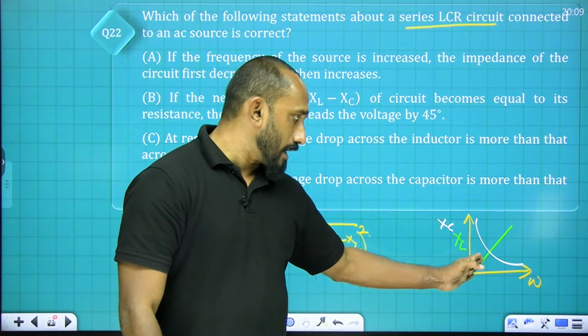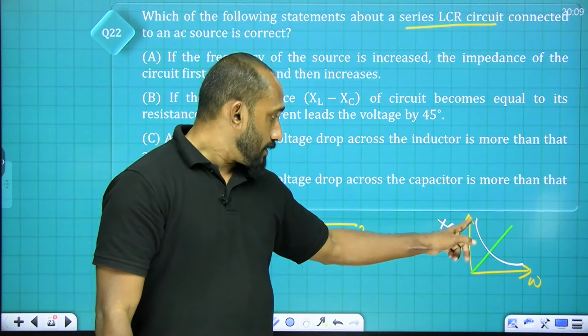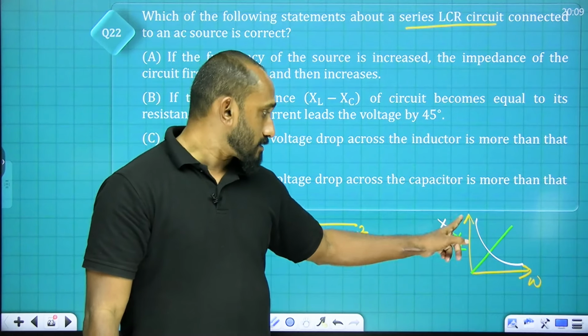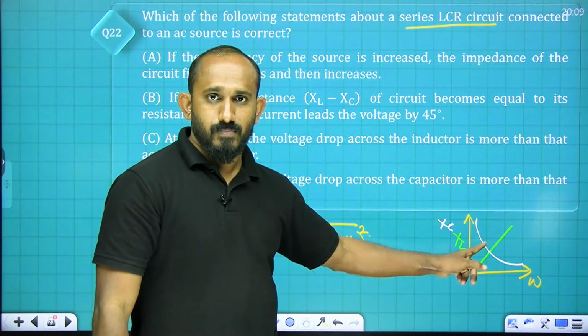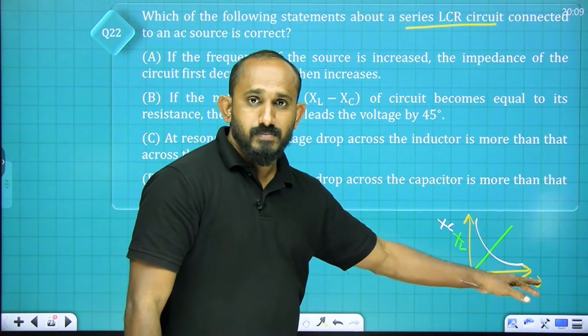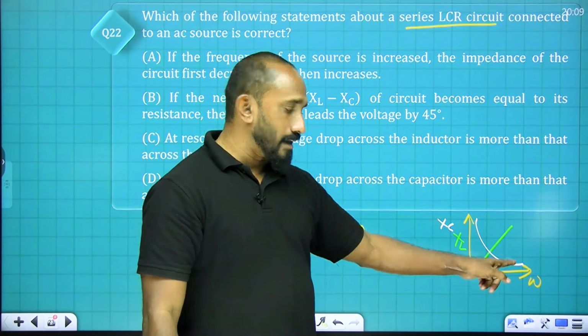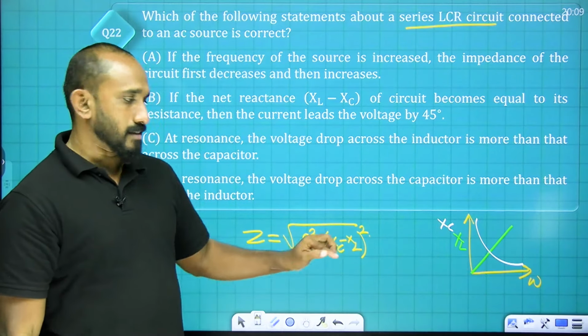So as omega increases, XC decreases and XL increases. In the second half, XL is greater than XC, whereas at first XC is greater than XL.